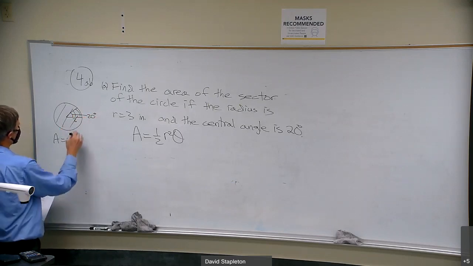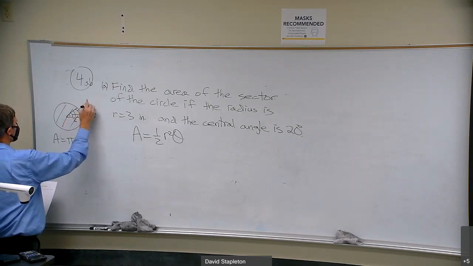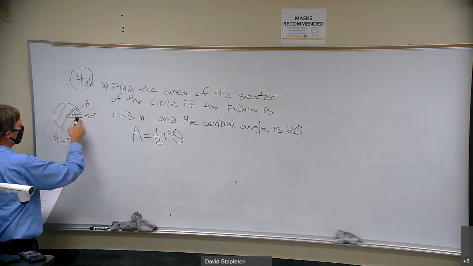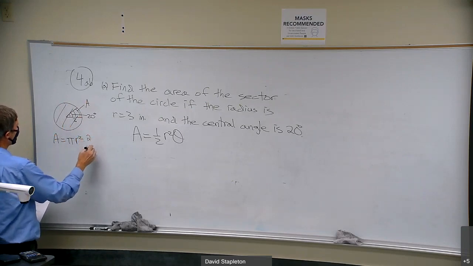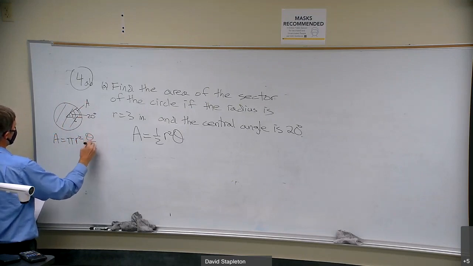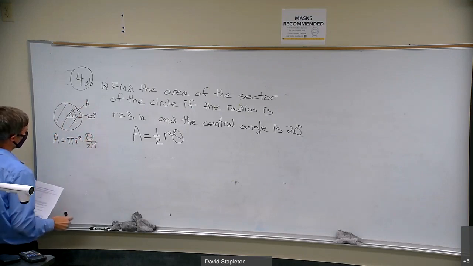Now I'm interested in this area A here. It's the area of the circle times the fraction of the circle subtended by the central angle, theta divided by 2 pi, right?